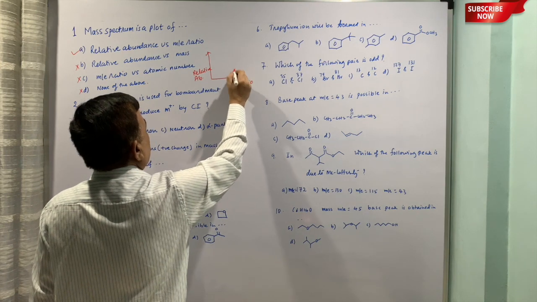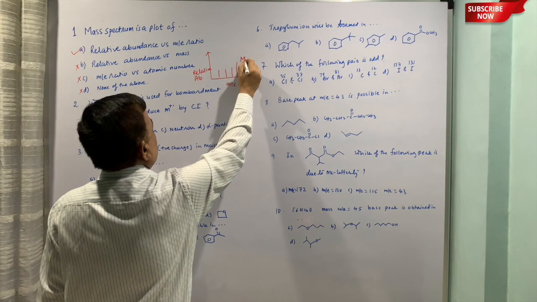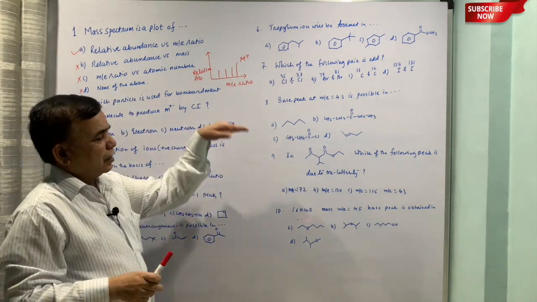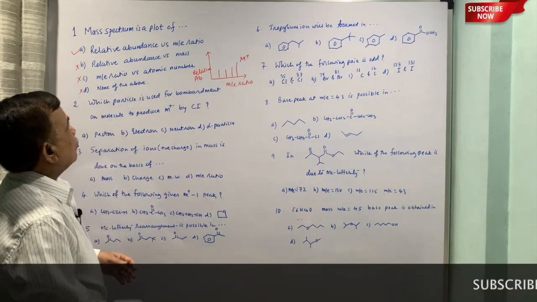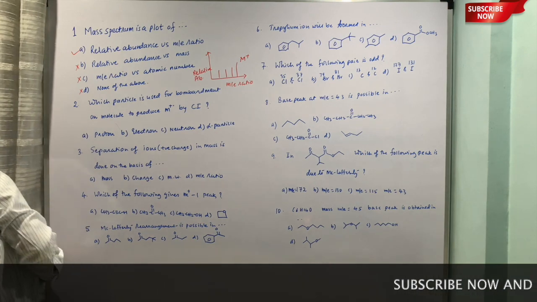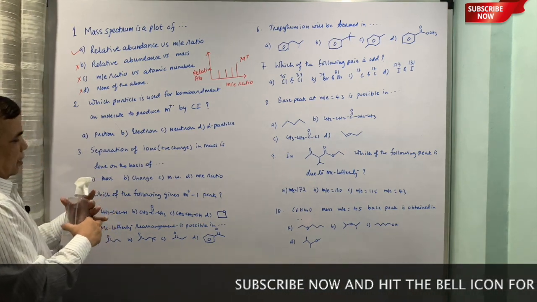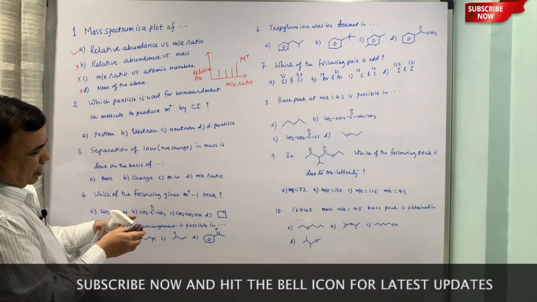This is the plot and you get various peaks. This is going to be M plus in most of the cases, the peak at the most right and so on. So the first option is correct, that is mass to charge ratio versus relative abundance, or relative abundance versus mass to charge ratio.